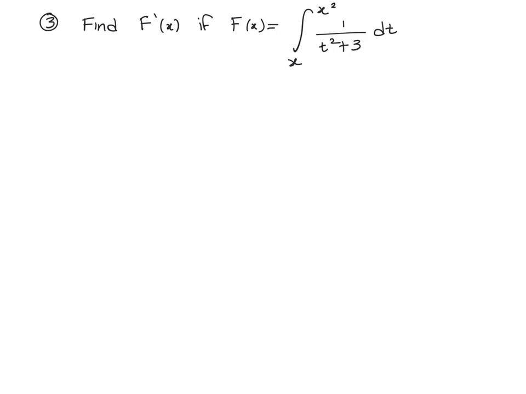However, you can see that they're giving you this function, which is an integral, and they're asking you to take its derivative. So first thing I'm going to do is say let capital G of t be an antiderivative of lowercase g of t equals 1 over t squared plus 3.